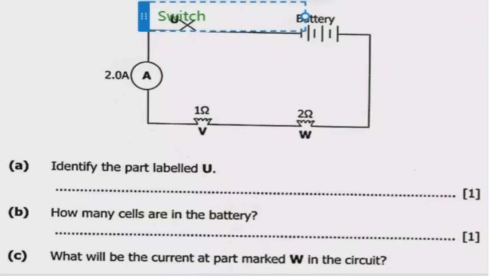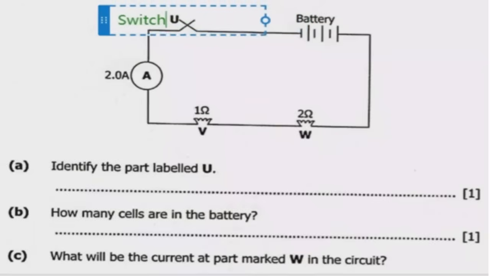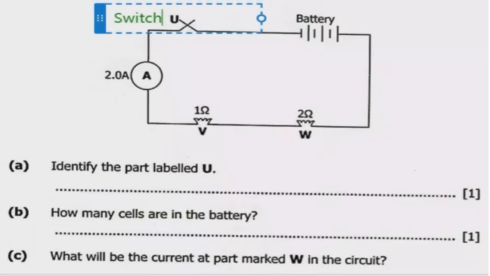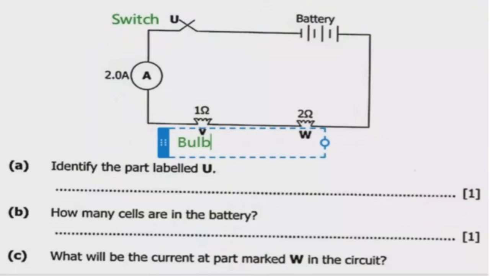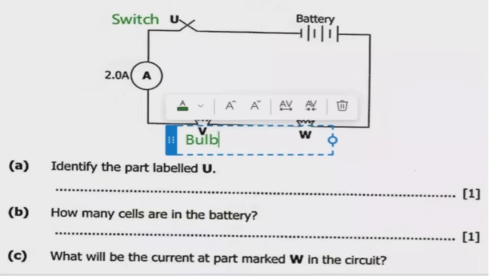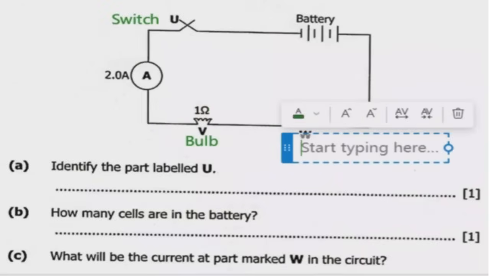Then what is V? V is a bulb, and W is also a bulb.